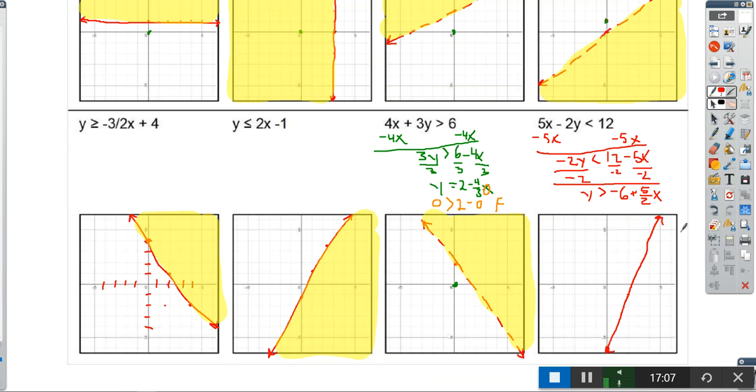And just like we talked about before, this is an open line. I really wanted to say closed, didn't I? And let's plug in 0, 0, because zeros are the easiest thing to plug in. When I do that, I get 0 is greater than negative 6. That is a true statement. Therefore, 0, 0 is part of the shaded region.